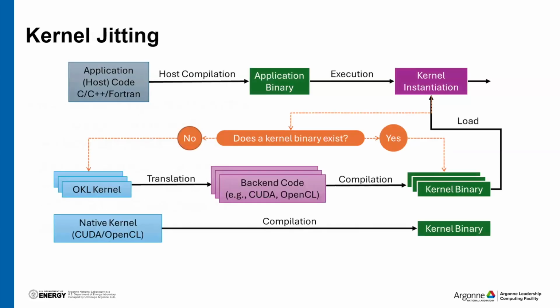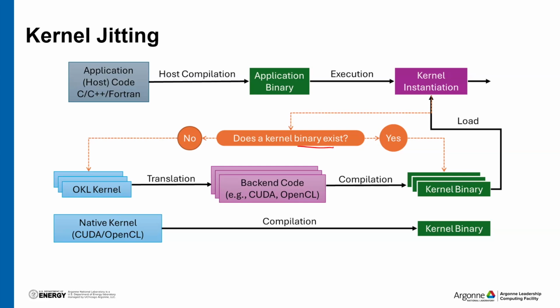The JITting mechanism works like a lot of the other programming models. Whenever your host code is executing, the first time that you try to instantiate a kernel, OCCA will look to see if it exists in the cache directory or not. The question of whether the binary exists is a very nebulous statement.